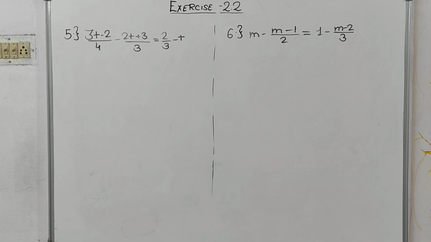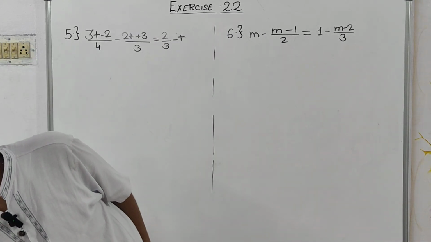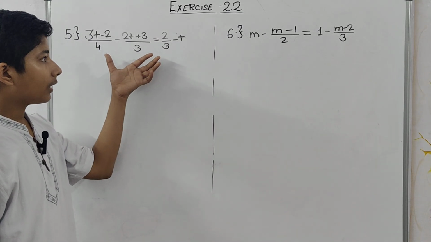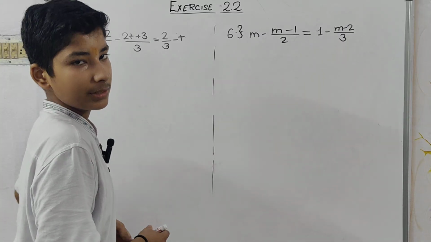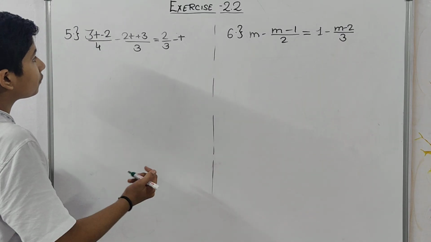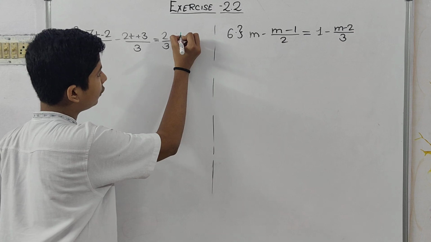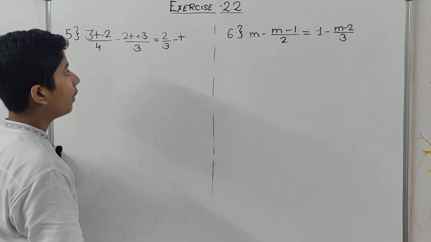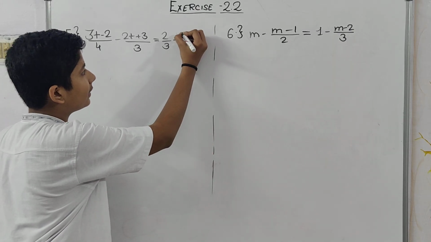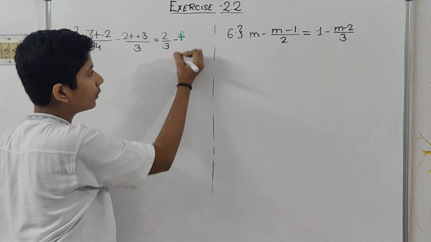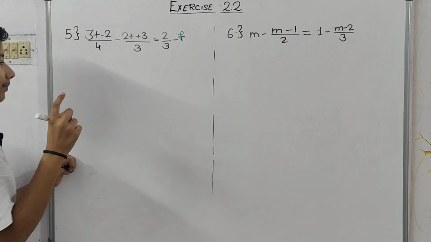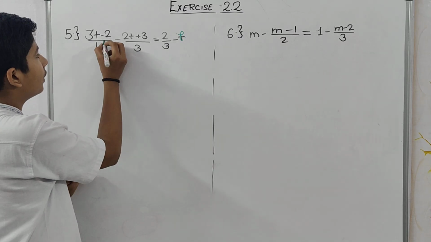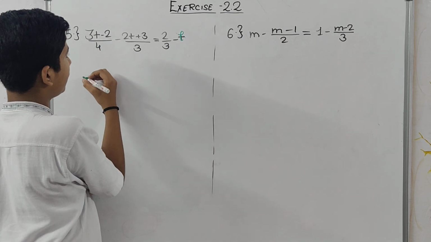Now, coming to question number 5 and 6. These are a bit longer questions than the previous ones, but still easy. Firstly, I have told you what we have to do. We have to take similar terms on one side, but before that we'll take the LCM. Now, 2t minus 2 minus 2t plus 3.